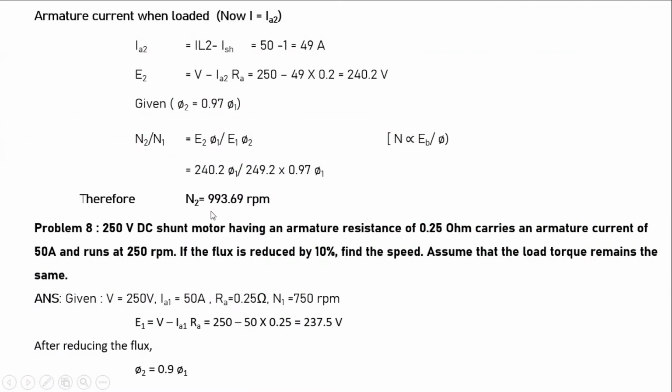To find EB, we use EB is equal to V minus IaRa. V is 220 volt, armature current 45 amps, Ra is given, so we can find EB. Once you find EB, we can directly substitute: EB 193 is equal to 25 milli into N into 800 into 4 pole divided by 60 into A. From this we get N as 289.5 rpm.